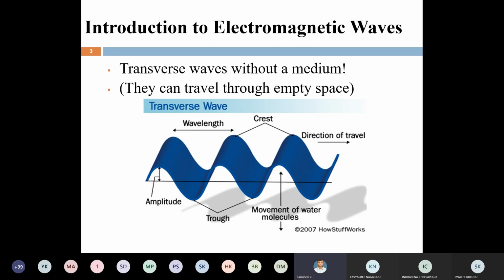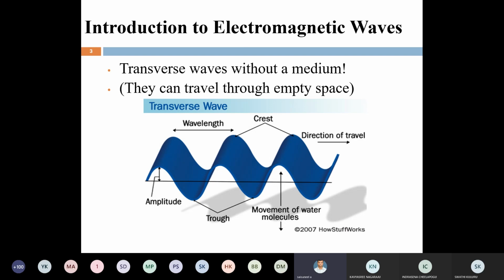Before going to frequency spectrum utilization, first we have to discuss the introduction part, that is, introduction to electromagnetic waves. In radio propagation, we use electromagnetic waves to transmit a signal from one point to another point.